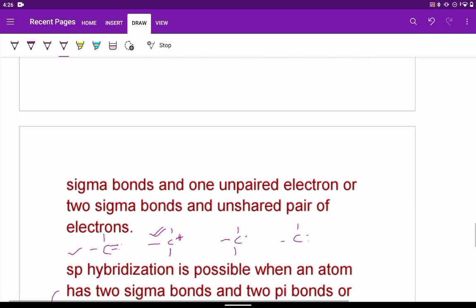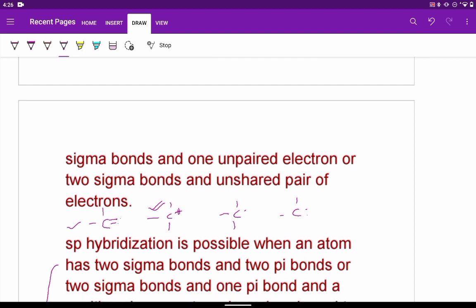Or 3 sigma bonds and 1 unpaired electron, where the dot represents the unpaired electron and the dashes represent the 3 sigma bonds. Otherwise, 2 sigma bonds and an unshared pair of electrons, this last one.